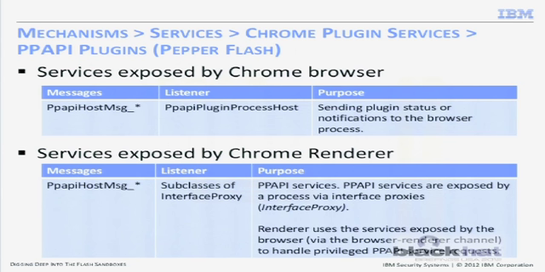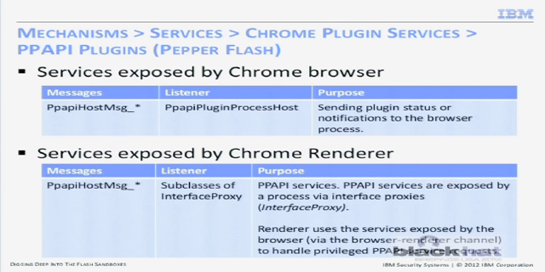And for PPAPI plugins, it is the same. The Chrome browser process exposes services for the Chrome renderer to send status or notification message to the browser process. Differently, the Chrome renderer does the heavy lifting as it exposes the PPAPI services.